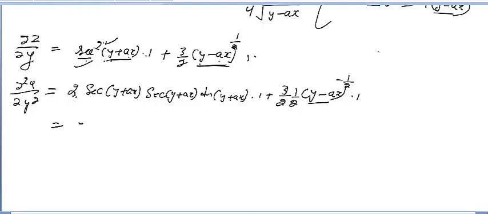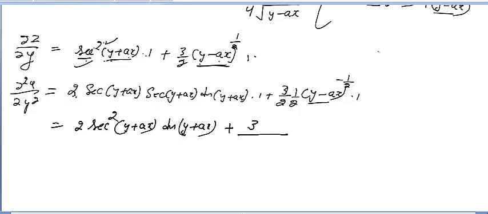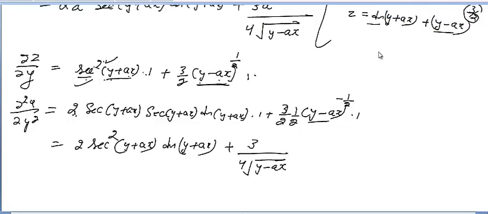So what you will get here, you just conclude this one. So it is 2 secant square (y plus ax) tan (y plus ax), and this is 3 upon 4, and minus 1 by 2 will become positive in the denominator. You have this one. So now see this one.